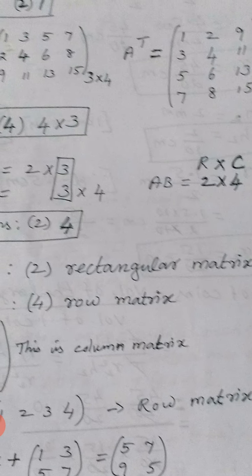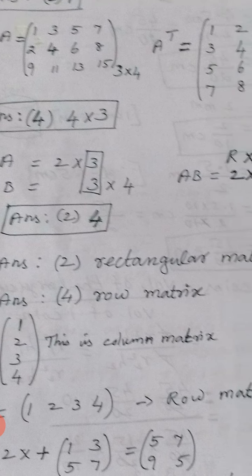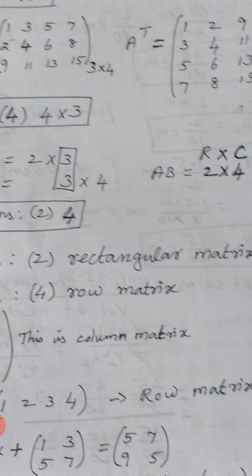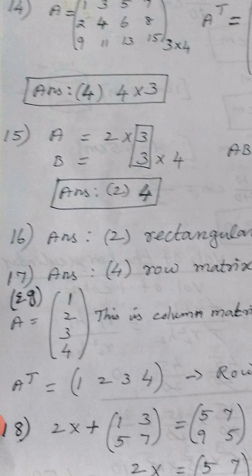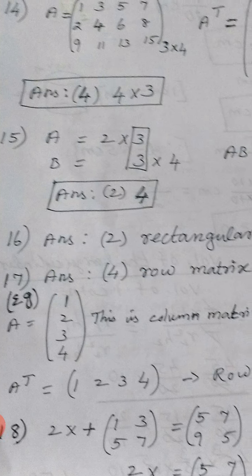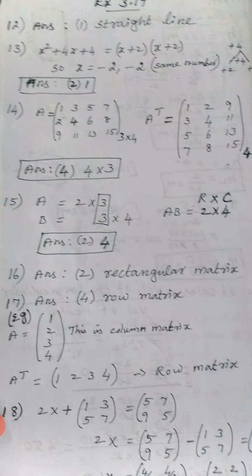In 2 by 4, the first element is the row, the second one is the column. So 2 denotes rows, and 4 denotes columns. In our question they asked how many columns, so that means 4. Here 4 columns, therefore the answer is second option, 4.